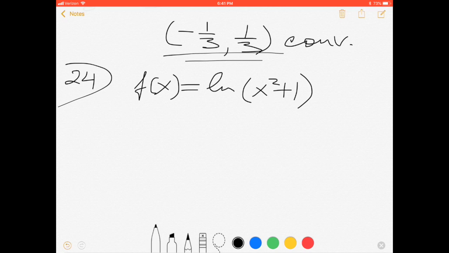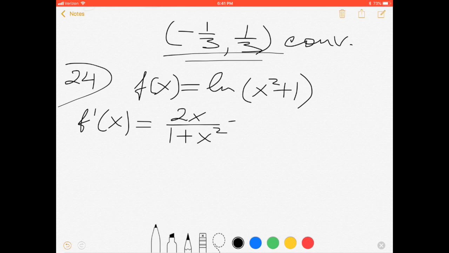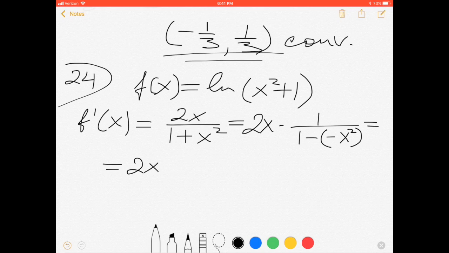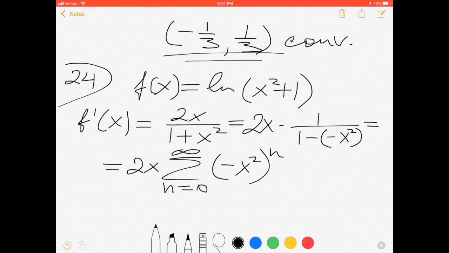Because it's a natural log, I think we take the first derivative of this function, and it will be 2x over (1 plus x squared). I think I do it this way: 2x multiplied by the series of the function 1 over (1 minus negative x squared), and it will be 2x multiplied by the series with (negative x squared) to the power n, from 0 to infinity.